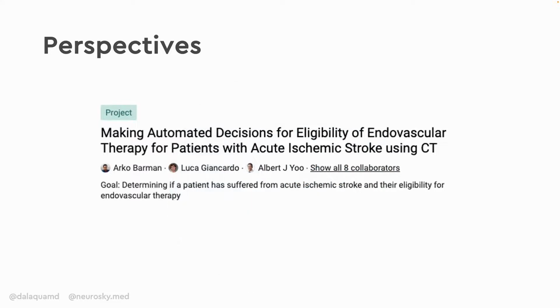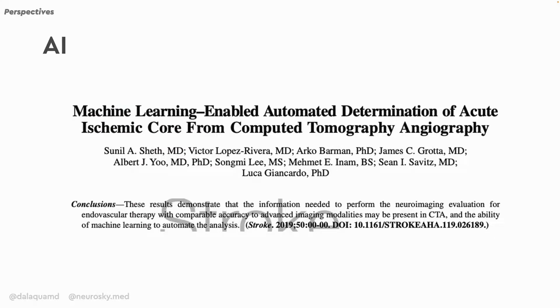So we have some groups that are working very hard on this, about the software that can help us to make informed and more automated decisions for the eligibility of endovascular treatment for patients with acute ischemic stroke using CT.